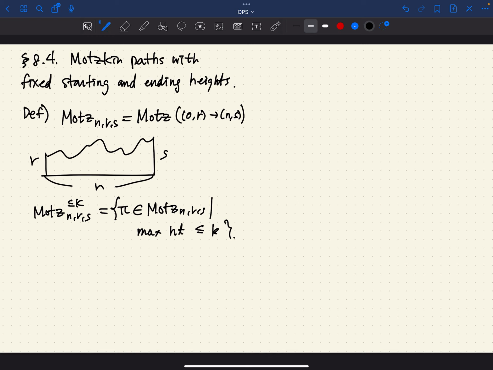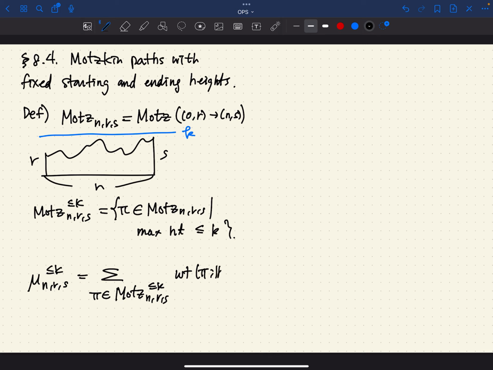So in other words, it's bounded by k over here. And we're going to define mu sub n r s less than k, the generating function for all Motzkin paths in this set, with weight given by these two sequences b and lambda.